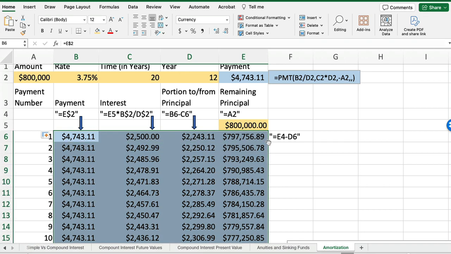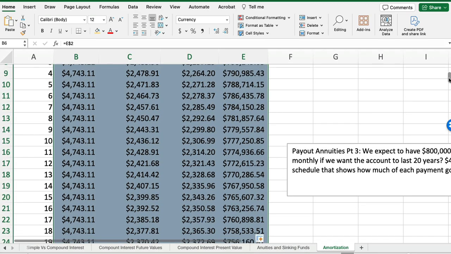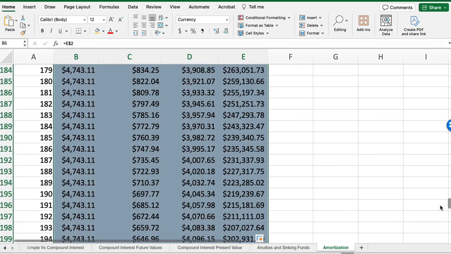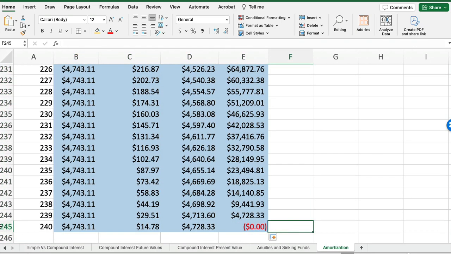Double click, two clicks. And it'll automatically fill it down to that 240. What I want you to notice is that by the time you make that 240th payment, your balance has now reached 0. So that's what we want to see.